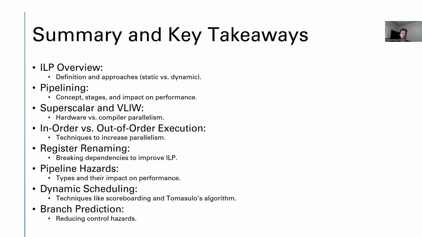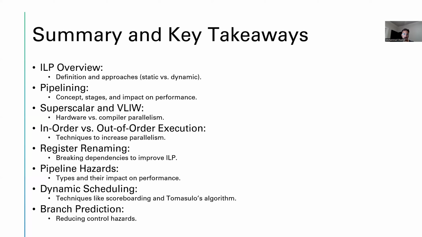The superscalar and the VLIW are also other types of execution, and there's hardware and compiler parallelism when it comes to those two. We also talked about the in order and out of order executions and the techniques that are used with those to increase parallelism and to avoid any stalling in out of order execution.